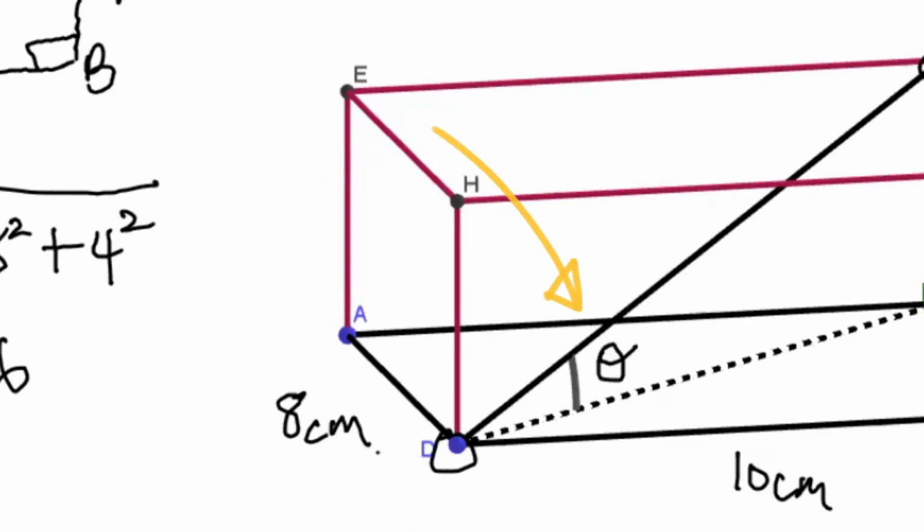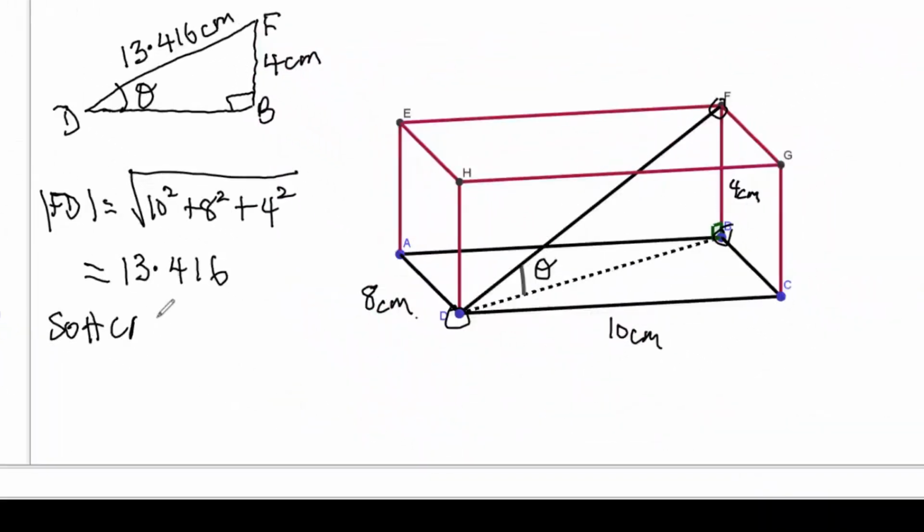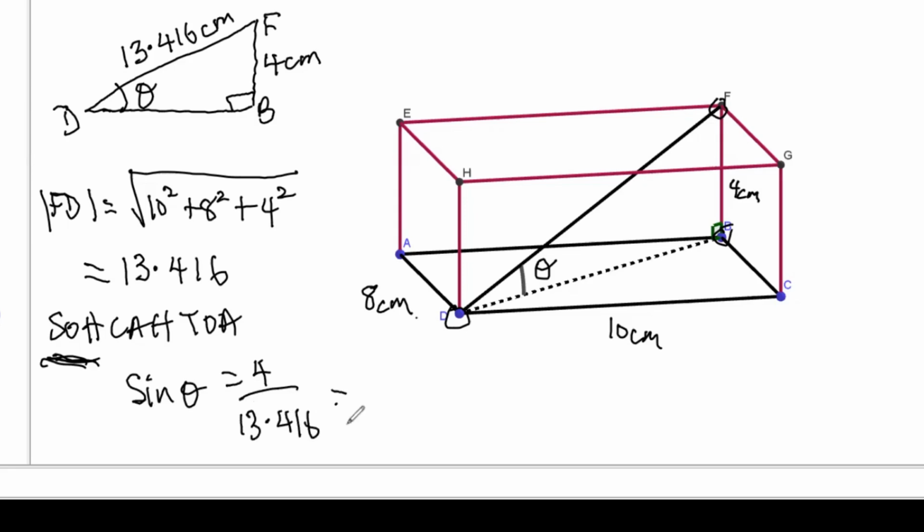So we are going to apply SOHCAHTOA. Here we have the opposite and the hypotenuse, so we are using sine. So here, sine theta is going to give us 4 over 13.416.